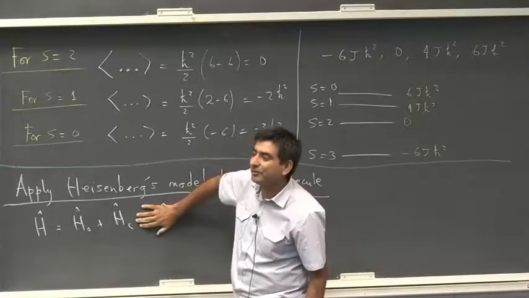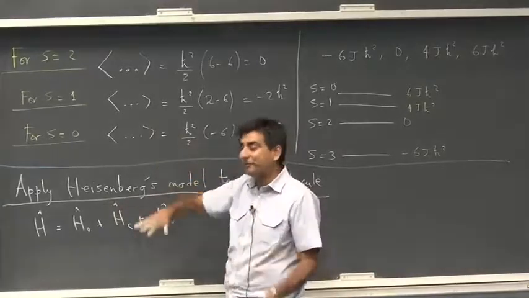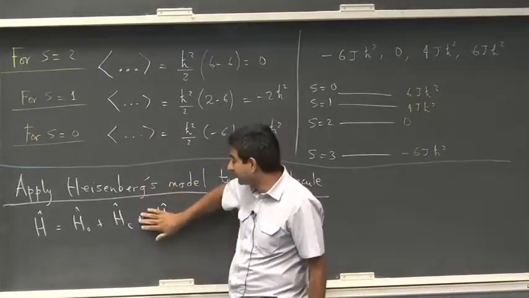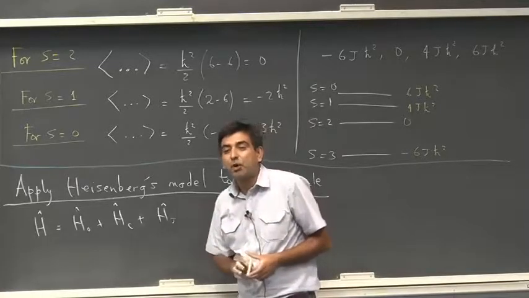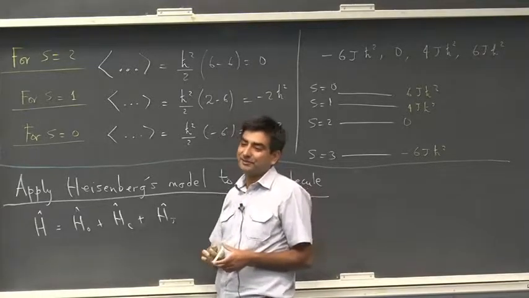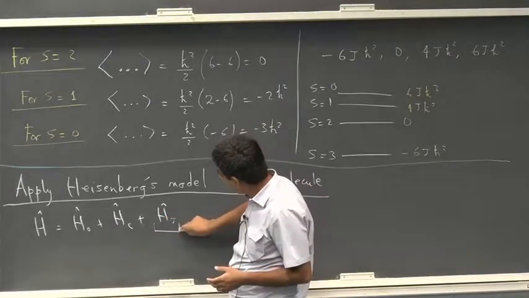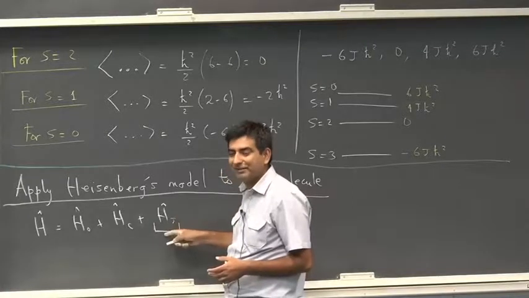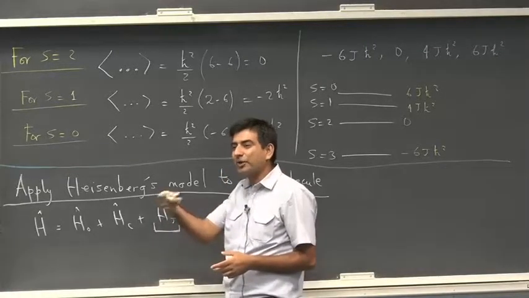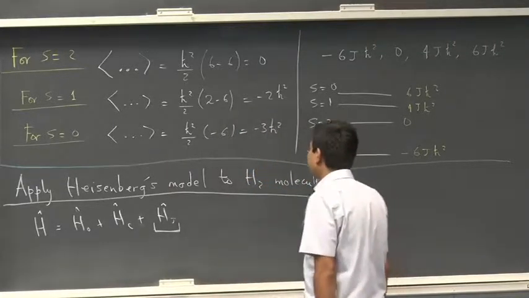These are linear combinations of atomic orbitals, and these are eigenstates of this. Remember, there was a Hamiltonian, we diagonalized it and found the eigenstates for this. So let's use the same bonding molecular orbitals and express this Hamiltonian in the basis of those bonding molecular orbitals. Now I'm going to use a shorthand notation.